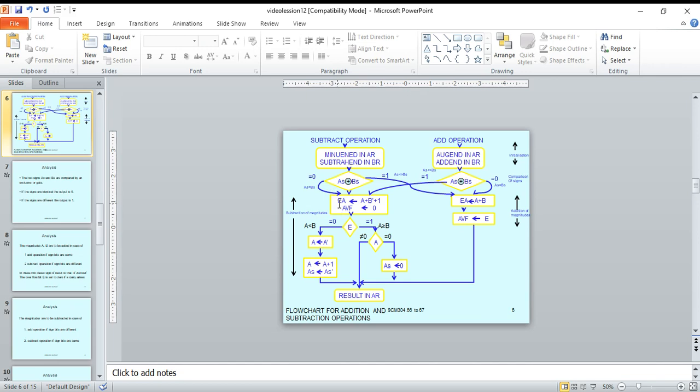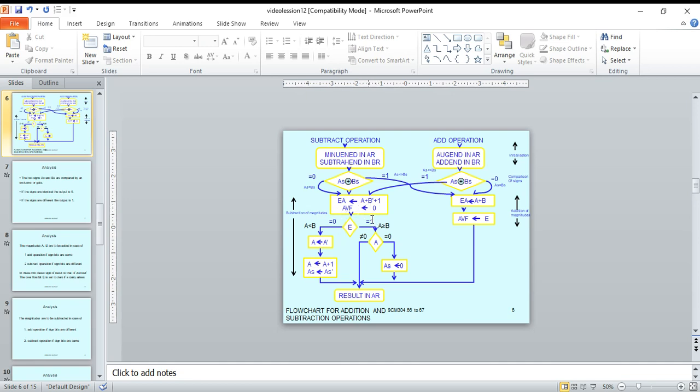E gives the value that determines whether a is greater or less than b. So after complementing the numbers, it is a plus b complement plus 1.